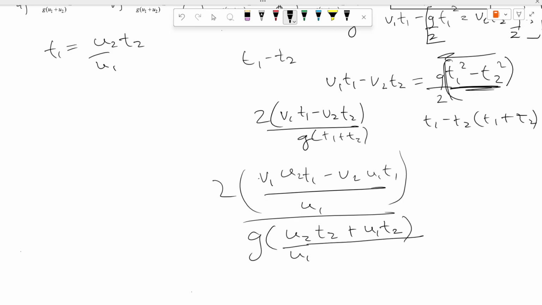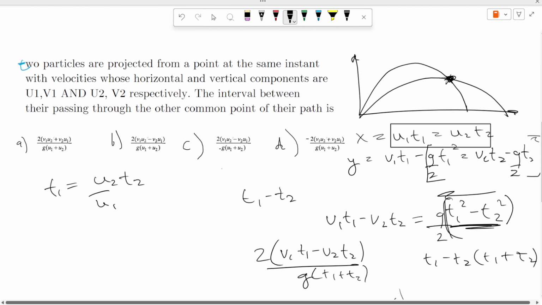This is what it becomes. Sorry, this is going to be t2 and this is going to be t2 as well. I'm really sorry for that. So now we have it in these terms. You can easily see we can cancel out the t2 from everywhere. We can cancel out the u1. And let's check the answers now.